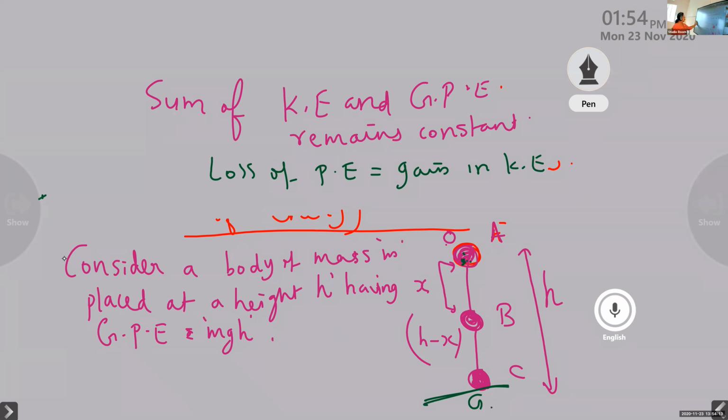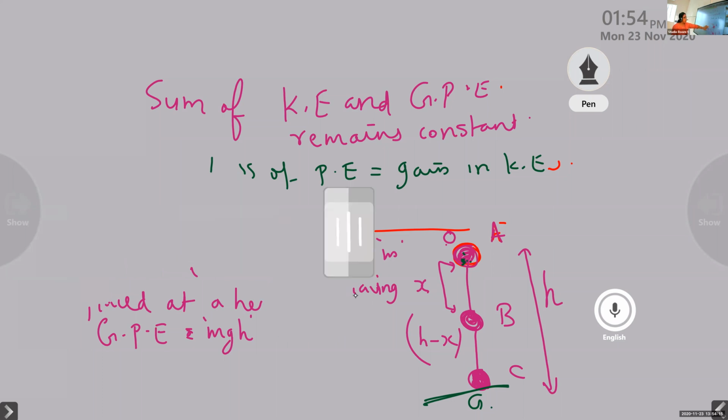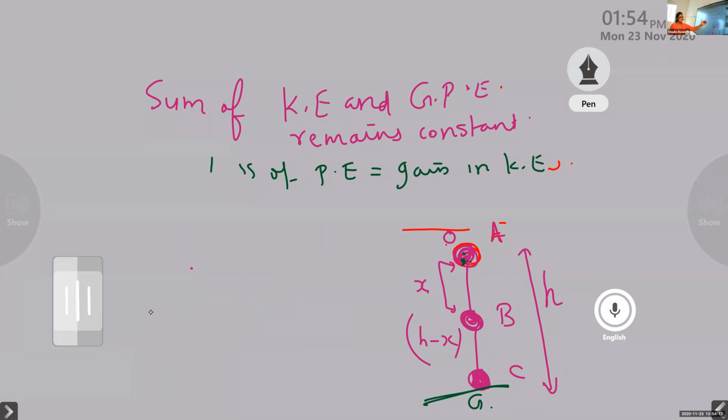Okay, so now what we are going to do is: at A, how much is the total energy? At B, how much is the total energy? At C, how much is the total energy? In all three cases, we have to get the same value.